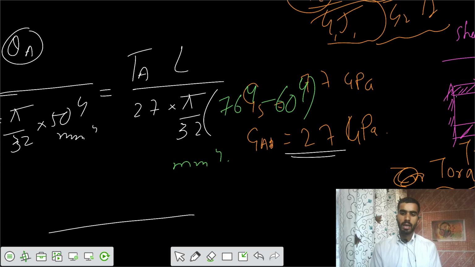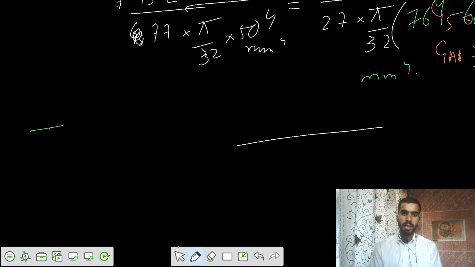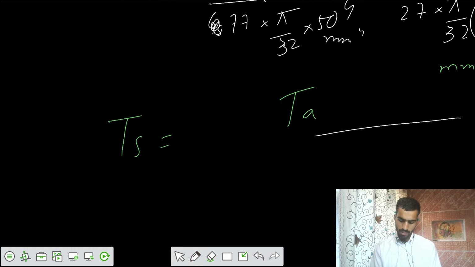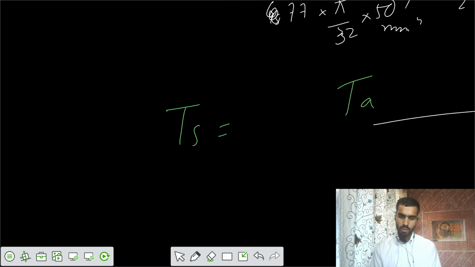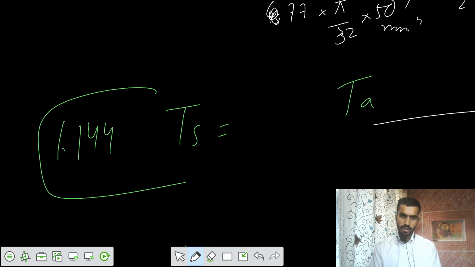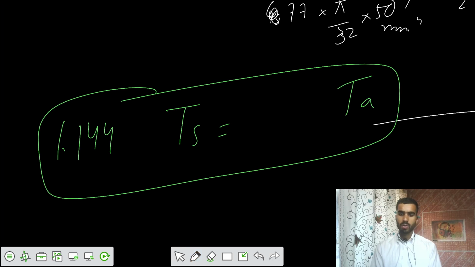So you get this equation, and you can say that TS equals TA times some factor, and it says TA equals 1.144 TS. So this is the torque taken by the aluminum hollow shaft, 1.144 times TS.